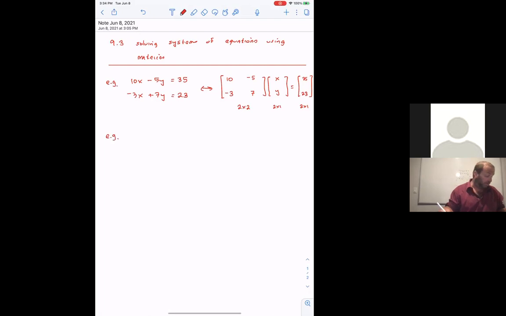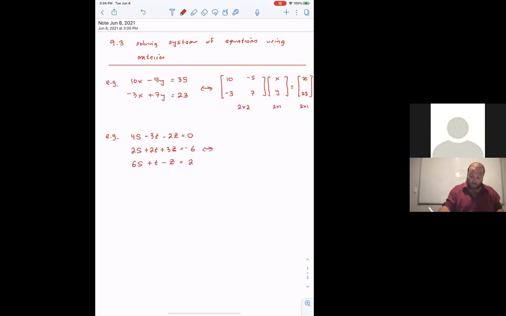In the case of a 3x3, it's no different. If I do 4s minus 3t minus 2z equal to 0, one equation, three unknowns, 2s plus 2t plus 3z equals negative 6, another equation with the same three unknowns, 6s plus t minus z equals 2, a third equation, the same three unknowns.